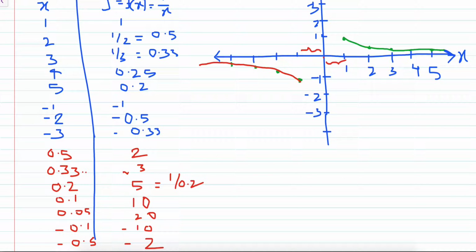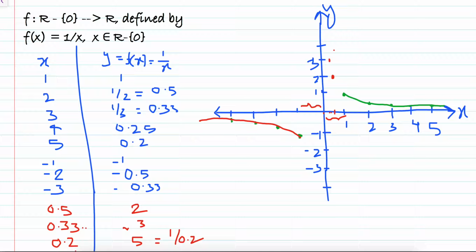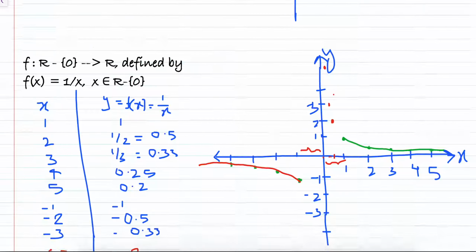So for 0.5 it's 2. So 0.5 will be here, it's 2 here. For 0.33 it's 3. For 0.2 it's 5. So somewhere here. And for 0.1 it's 10.